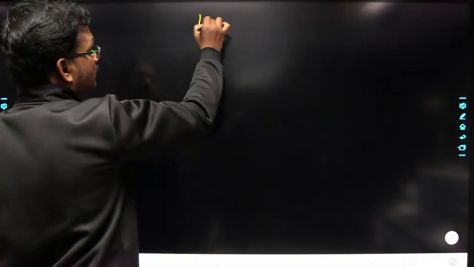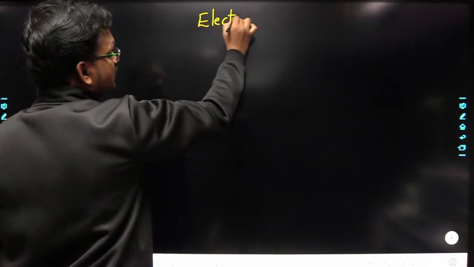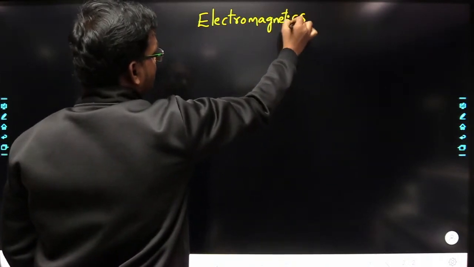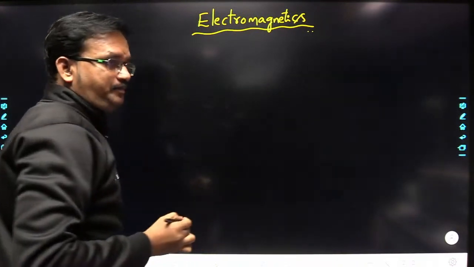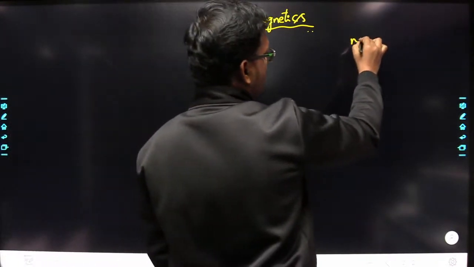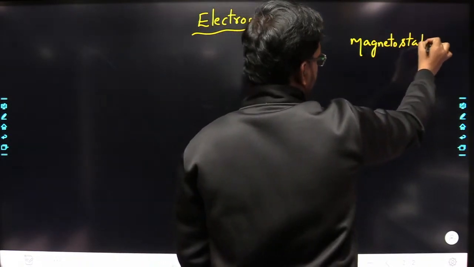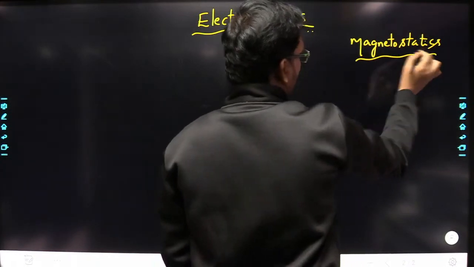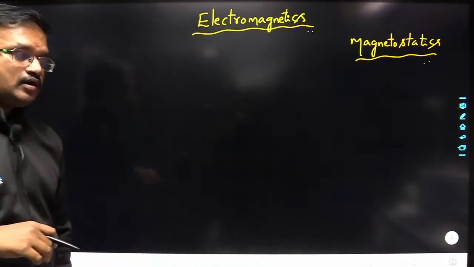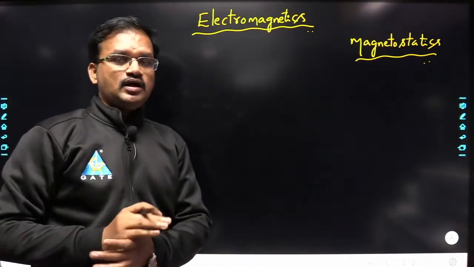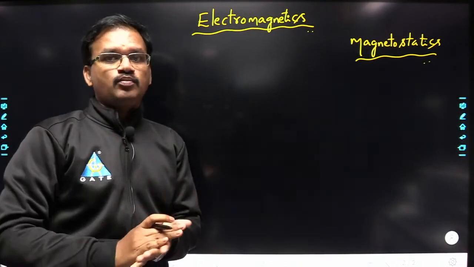Okay, so we are dealing with the subject electromagnetics. Today we are going to start the topic magnetostatics. But before going to this topic, I would like to discuss one special case in the case of potential and potential energy.